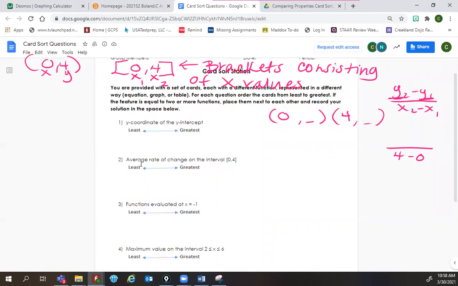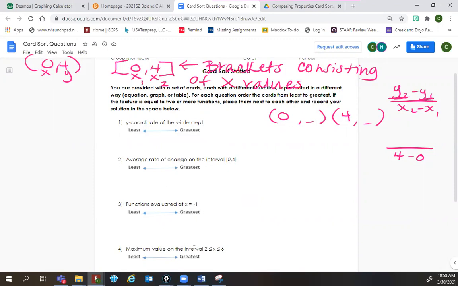And you're supposed to find the average rate of change on the interval 0, 4. And that was for every single card. And then you were supposed to order them based on the average rate of change. And then the third question was like, evaluate when x equals -1. That means you plug in -1 for x, figure out the y value, and then order them.